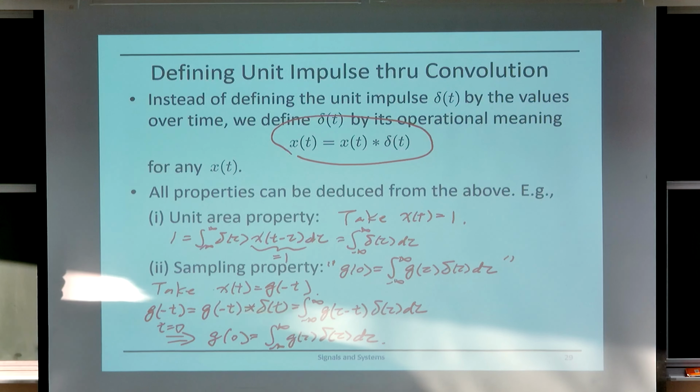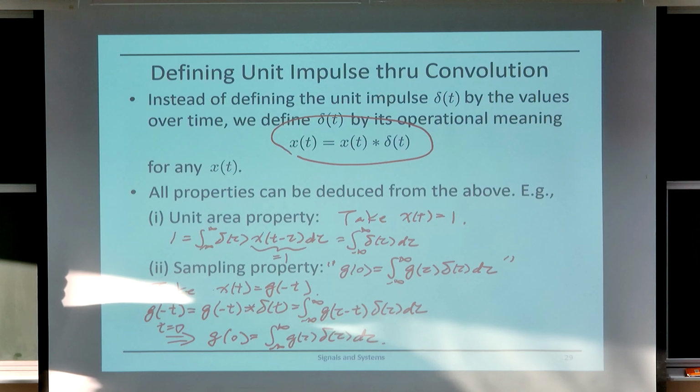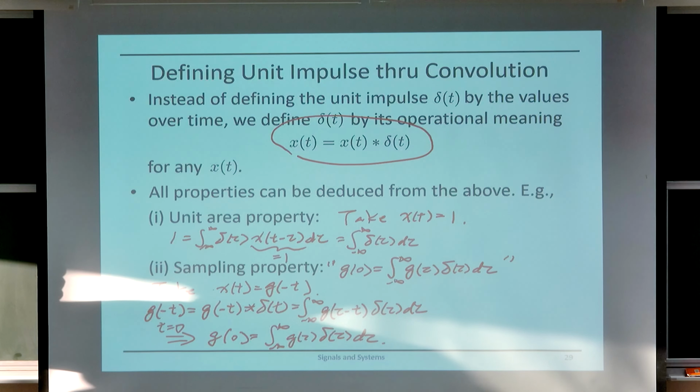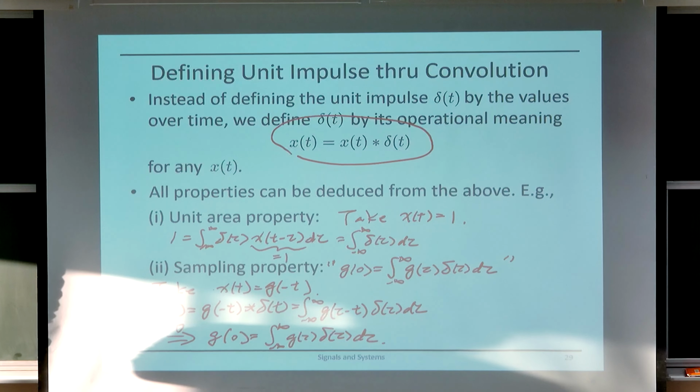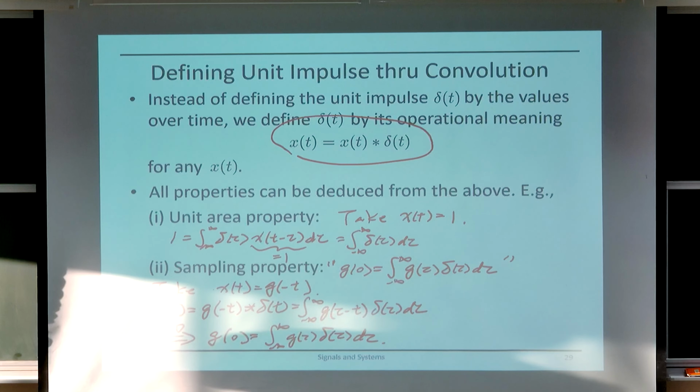So this delta function, or the unit impulse, is just a special example of a larger class of so-called singularity functions that you can define using similar operational meanings. Now this one is of most importance to us, but there are also other kinds of singularity functions that you can define using operational definitions through a convolutional operation.